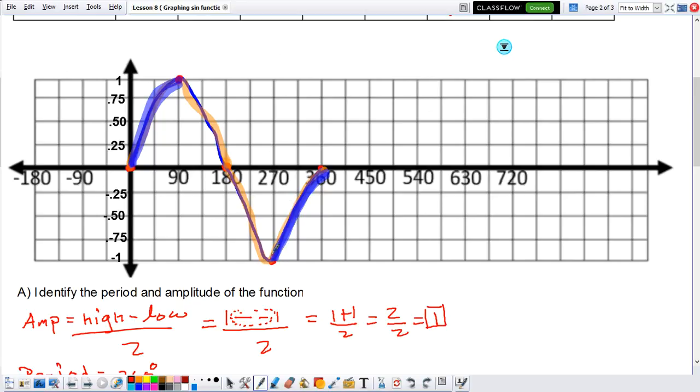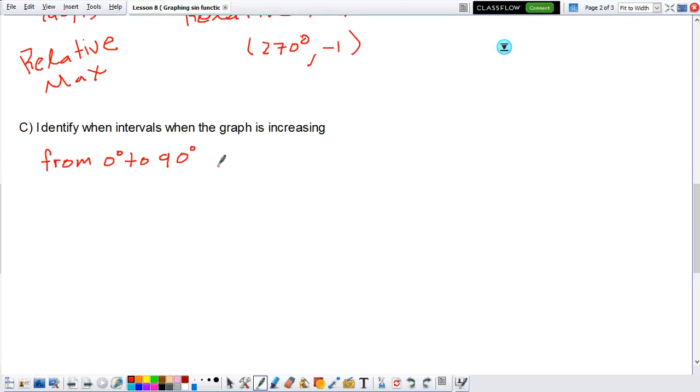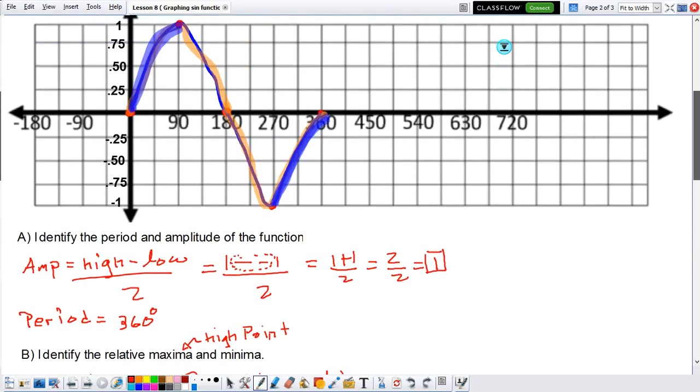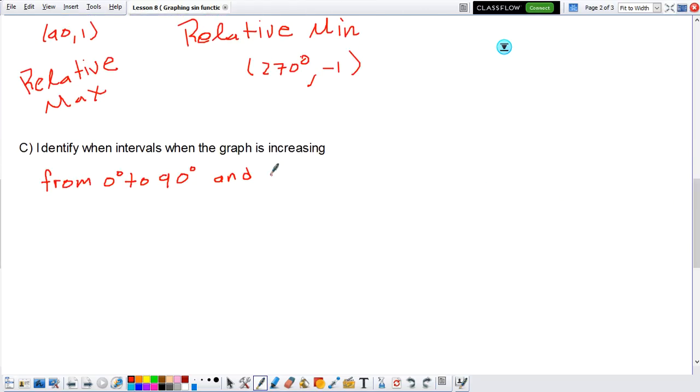From 270 all the way to 360. What were those intervals again? 270 to 360. From 270 degrees to 360 degrees. There it is. So these are my intervals where my graph was increasing.